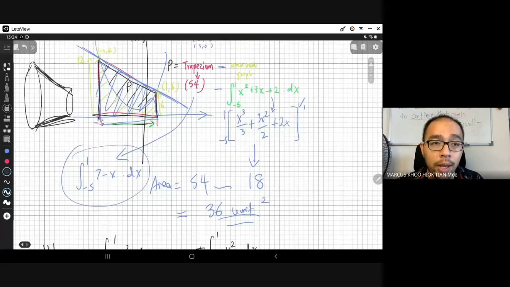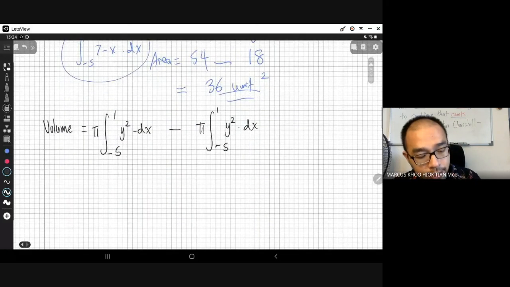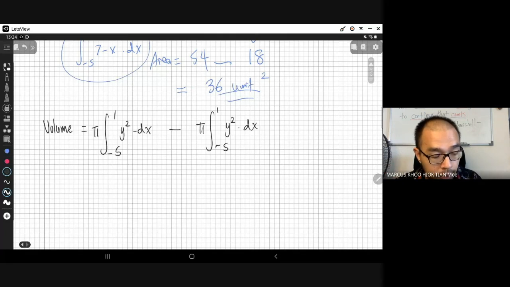The one on top is the straight line, which is 7 minus x. You square it, so it will be 7 minus x, the whole thing squared. Then you integrate lah.